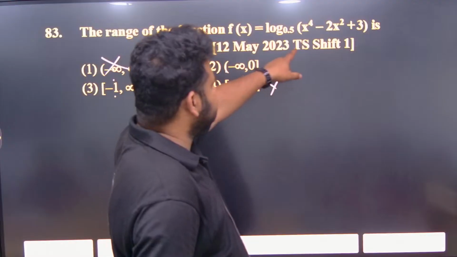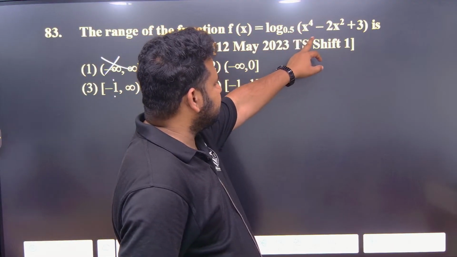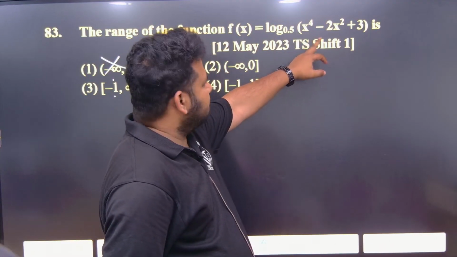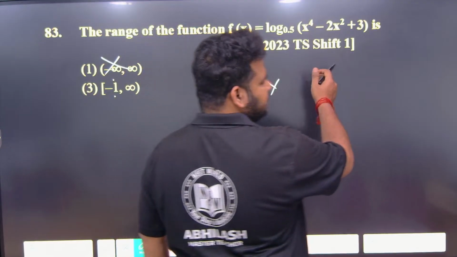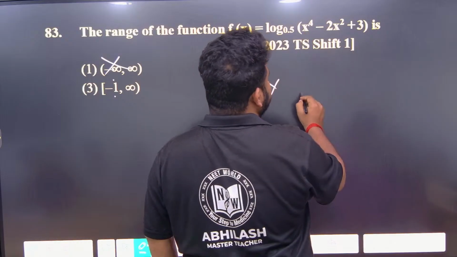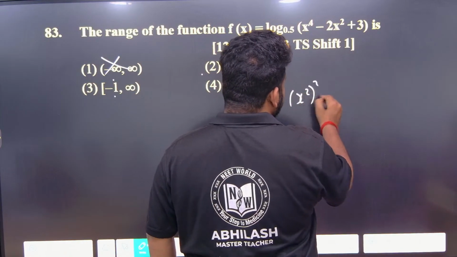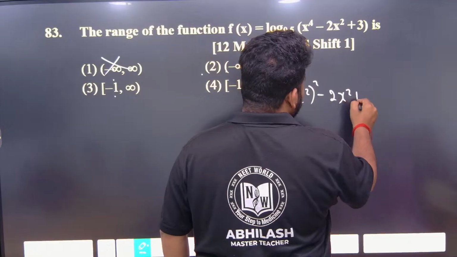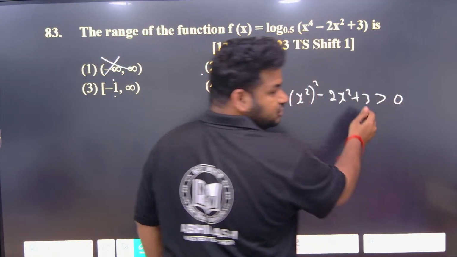We know that x square minus 2x square plus 3. Log of anything should be positive. So x to the power 4, I will take it as (x square) whole square minus 2x square plus 3, which should be greater than 0.